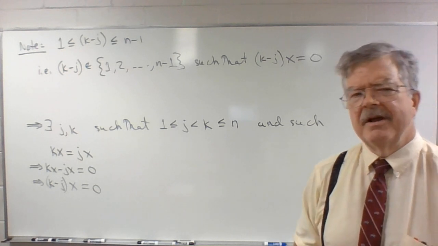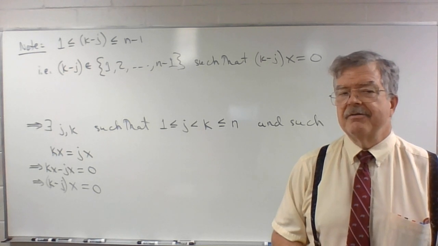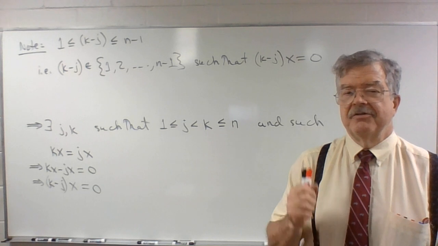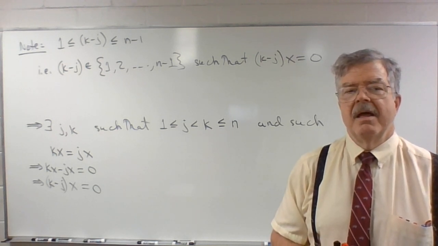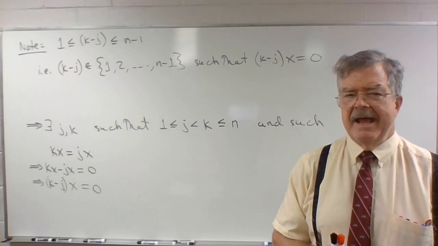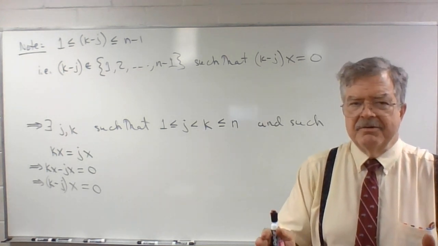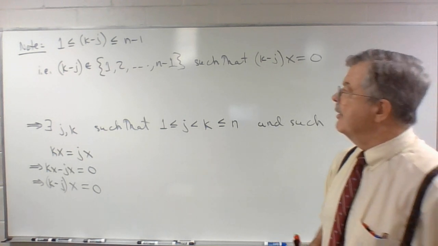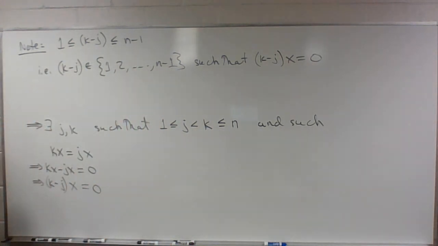And for the sake of contradiction, didn't we assume that the order of the element x, which is m, is greater than n, the order of the group? And the problem is the order of the element x, that is m, is the smallest natural number that we can multiply x by and get 0. So we have a problem here.